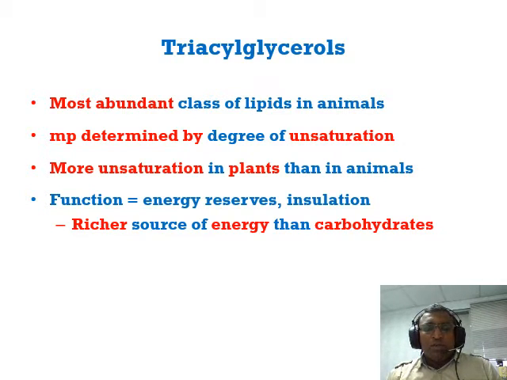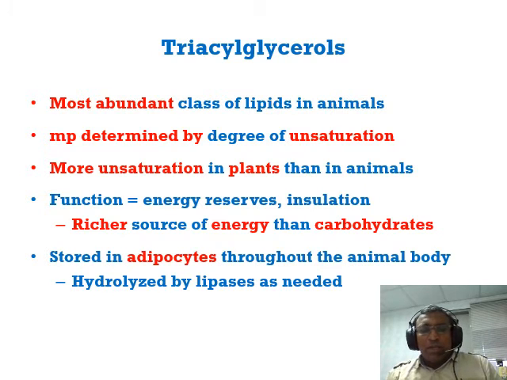And in terms of insulation, in the cold climate you want to keep warm, and the fat around a person's body actually keeps the person warm as an insulator. Triacylglycerol is stored in the adipocytes. When required, unfortunately, it has to travel from the adipocyte, the fat cell, to the muscle cell through the bloodstream, and only then can be oxidized to get energy.